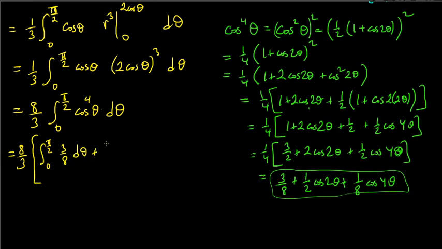And then we get the integral of 1/2, so I'll pull out the 1/2. Again, 0 to pi over 2 of cosine of 2 theta. Okay, so that's not hard. That's a simple substitution, right? And then we get another 1/8 integral from 0 to pi over 2 of cosine of 4 theta.